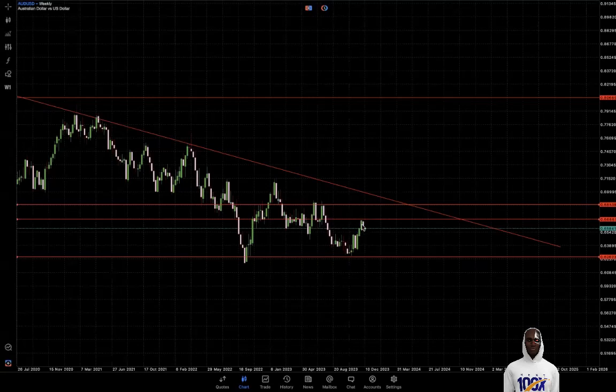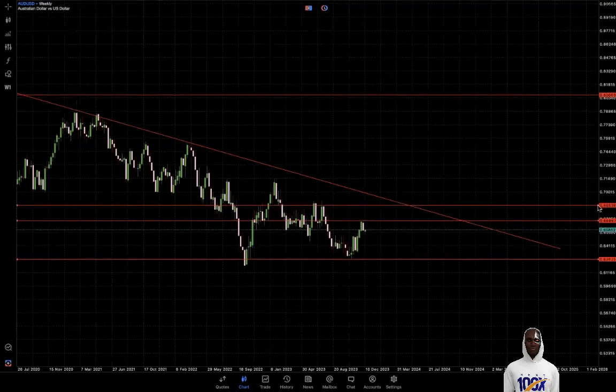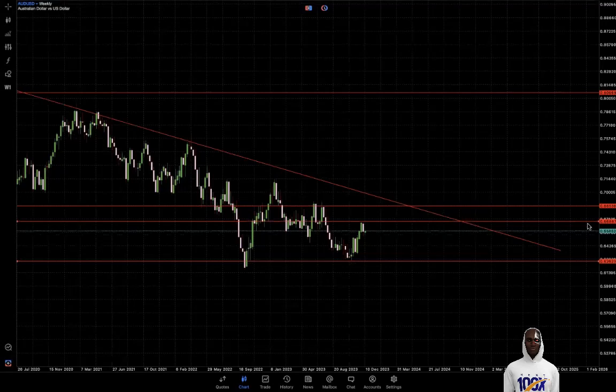Price came up here and was rejected down to this point. Stemming from the fact that the overall downtrend is bearish, we are also looking out for these levels of support and resistance so that we know the next move of Australian USD.